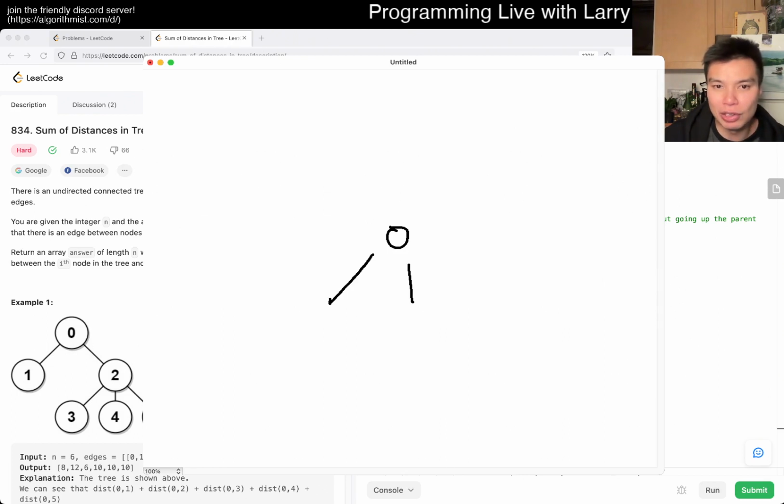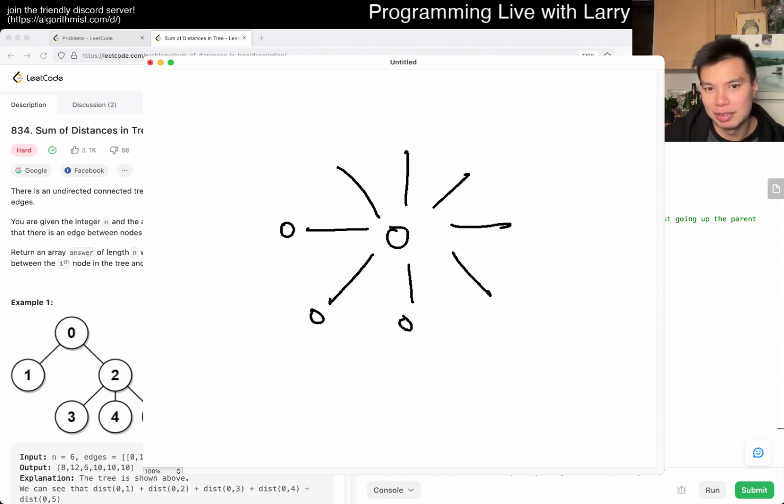But basically, the biggest issue is if you have a tree that is a star graph, something that looks like this. The problem with how we did the recursion with memoization is that you still have to go through the edges every time, even if it's cached.